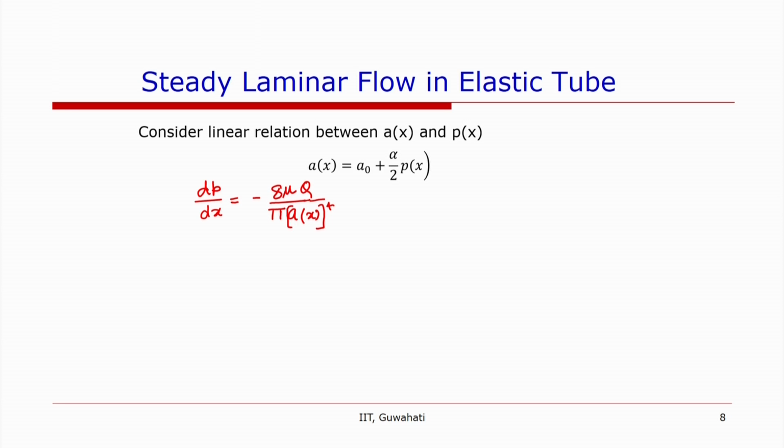Now, from this we can say that dA_x by dx is equal to alpha by 2 dP by dx. So, we can substitute this dA by dx from here.